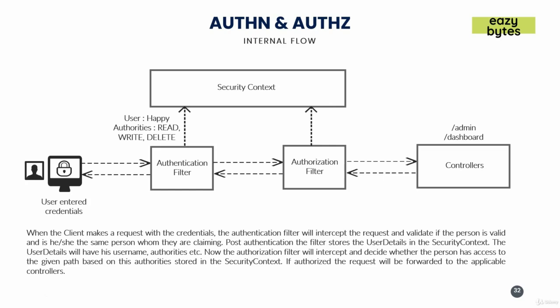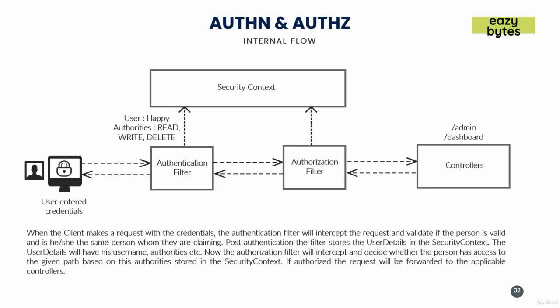As we know from previous sections, all the user related contract and schema is stored inside UserDetails. That's what will happen as soon as the user enters his credentials. An authentication filter will intercept the request and call a method like loadUserByUsername and try to validate whether the credentials are correct or not.